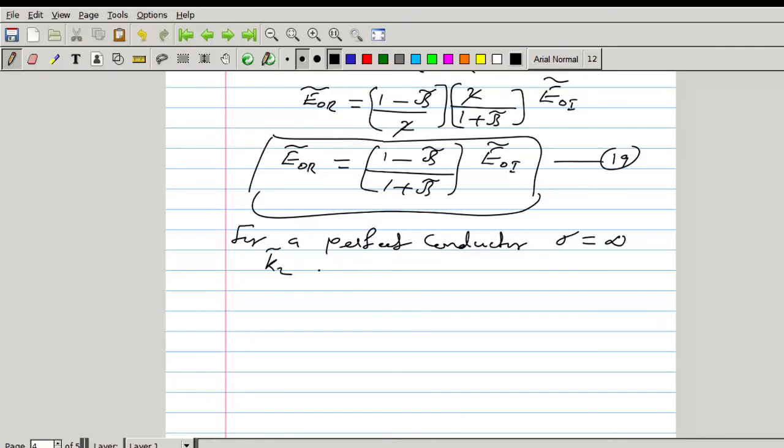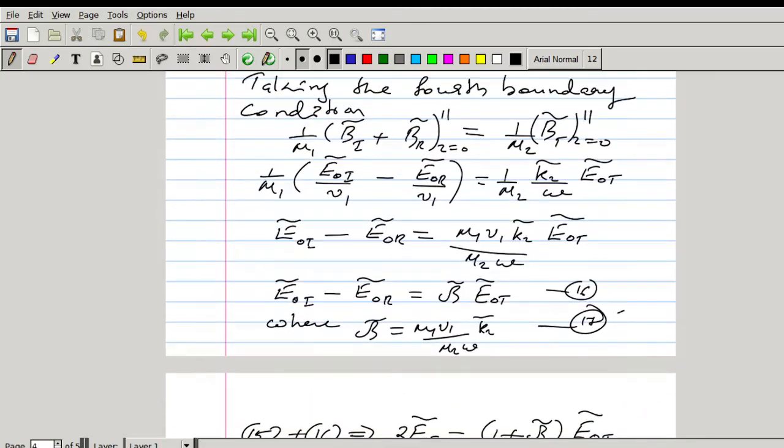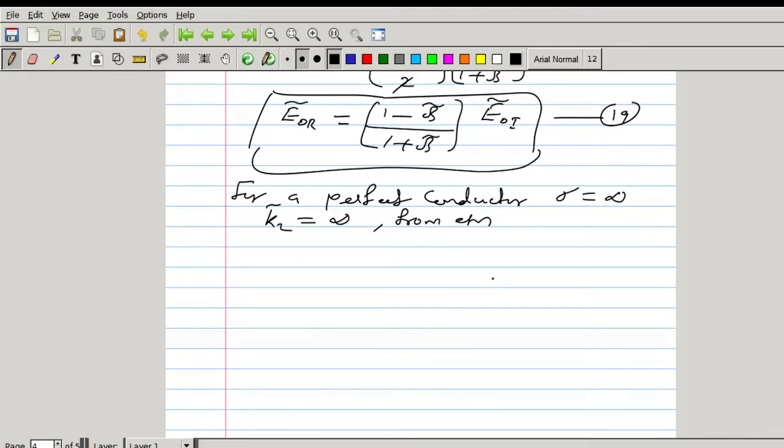When sigma tends to infinity, we will get K2 equal to infinity. If K2 equal to infinity, from equation 17 we have the expression for beta, so we get beta equal to infinite.